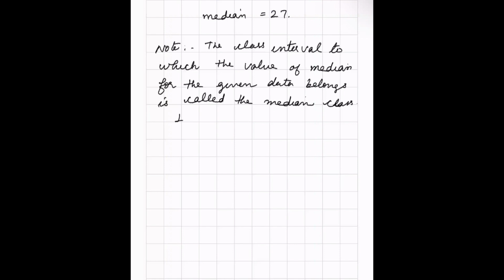In the above example, the median class is 20 to 30. The question is, the daily wages of 160 workers in a building project are given below.